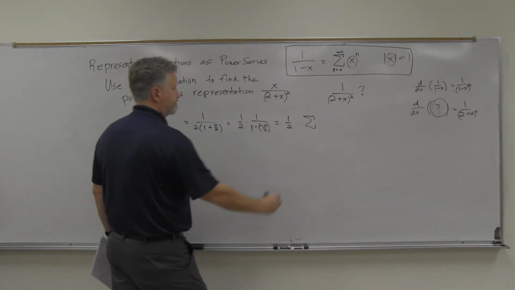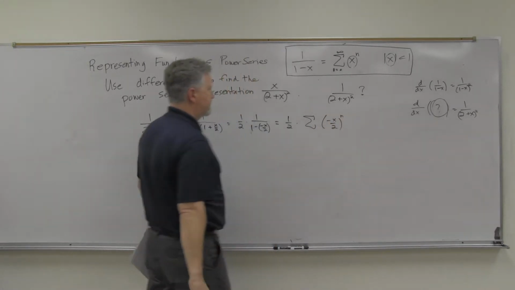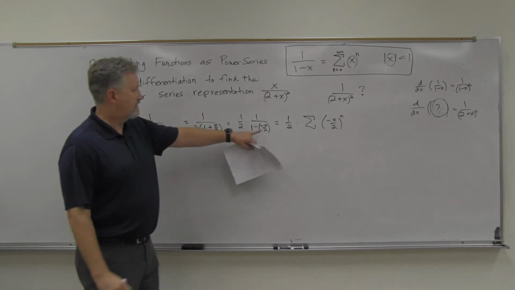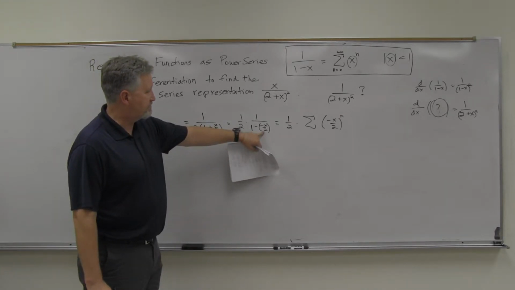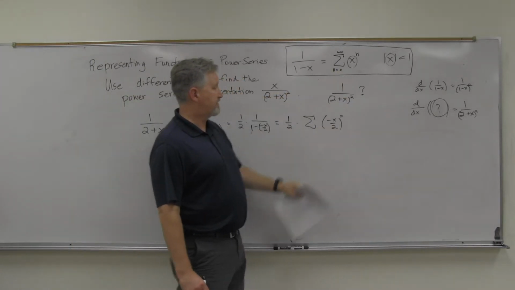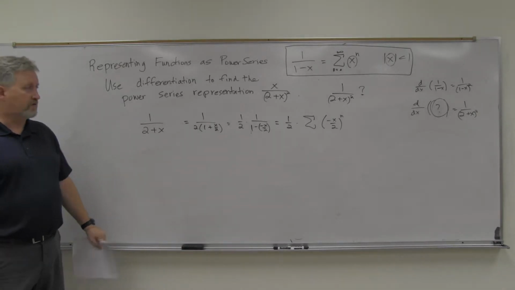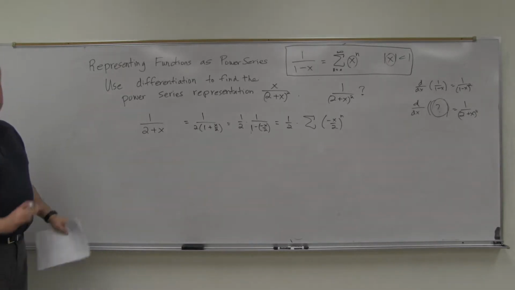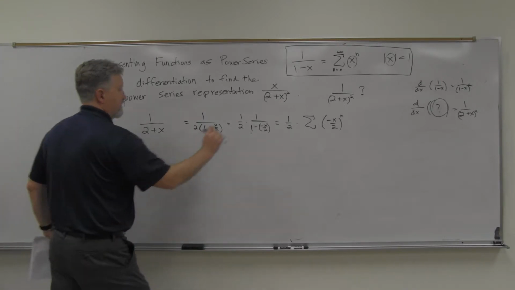We might have done this one, as a matter of fact. So it's 1/2, and then this power series, since the x is replaced by negative x over 2, that's why I replace it in the power series. With me? Okay, so that's the power series of that.